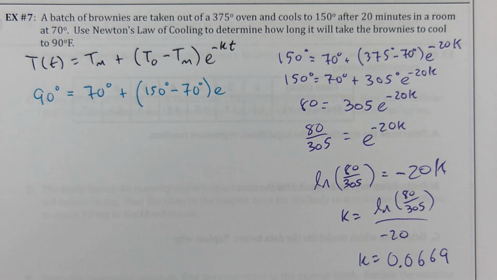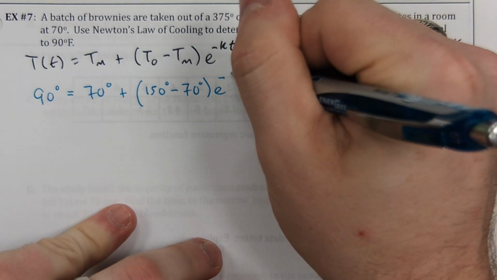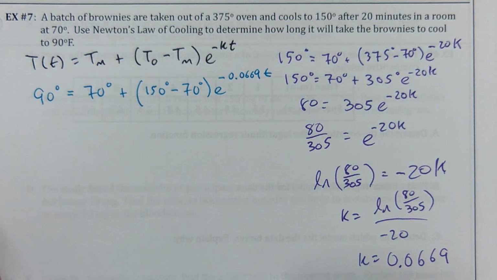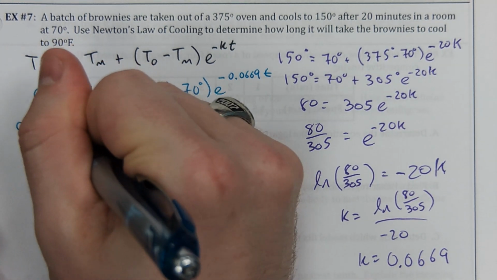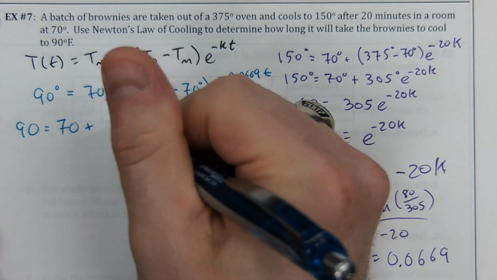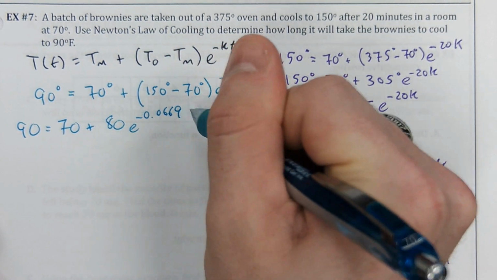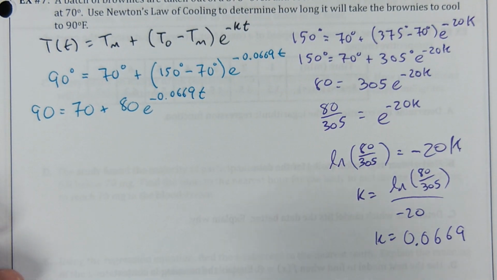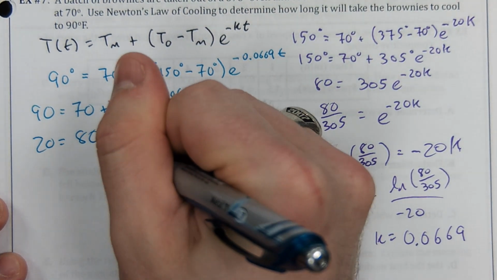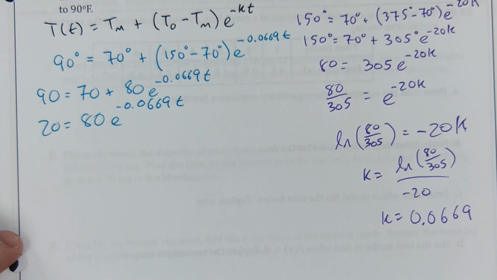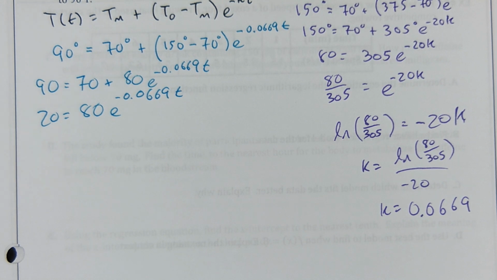Okay? Anyway, we've got this negative 0.0669 T. That's 80. Subtract 70. Divide by 80. Let's just pretend that we don't know that that's 1/4 because it's not worth reducing or anything because you're going to grab a calculator anyway.